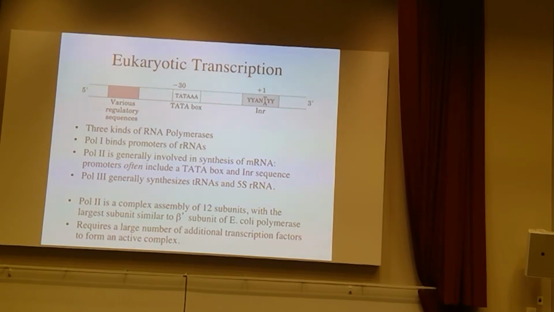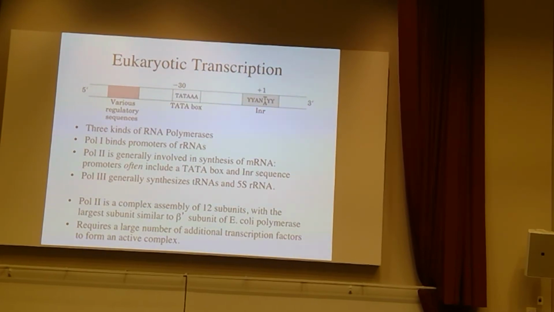And typically, we talk about a TATA box that contains the sequence TATA. This was thought to be the canonical region that provided a promoter sequence for most of the genes in a eukaryotic system. We now know that there are a bunch of different types of promoters. TATAs are used very often, but not all the time, not even probably a majority of the time.